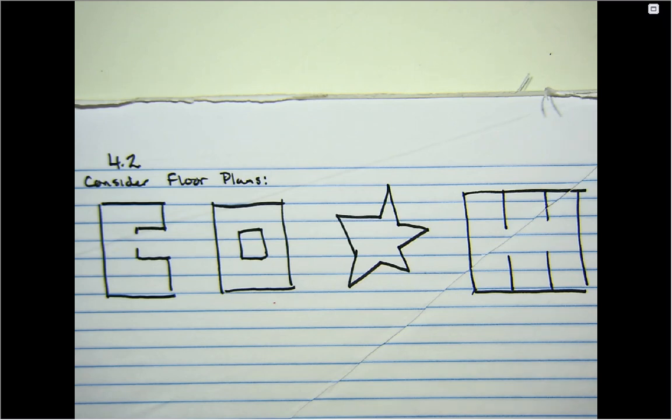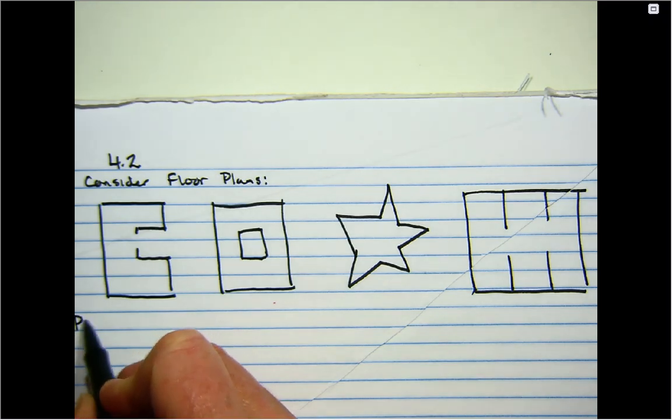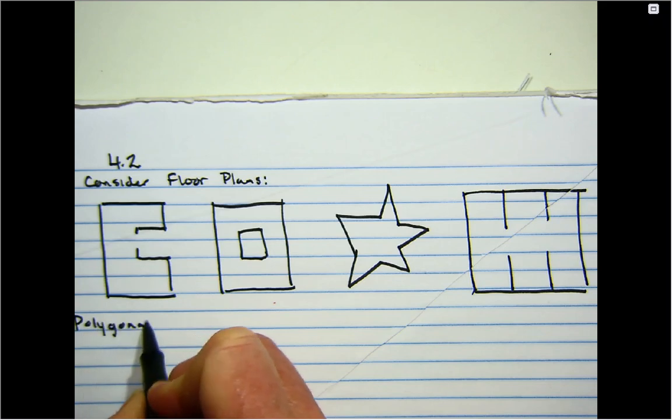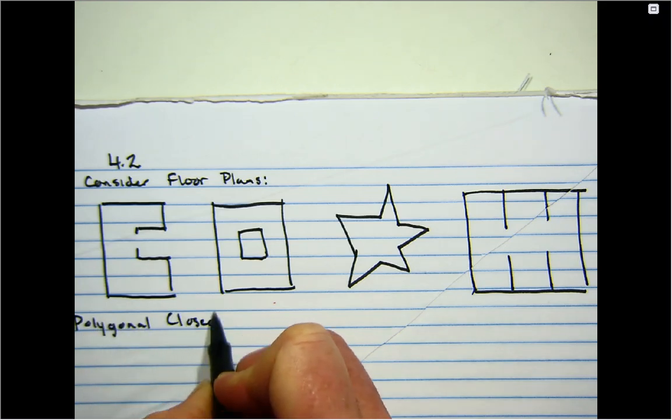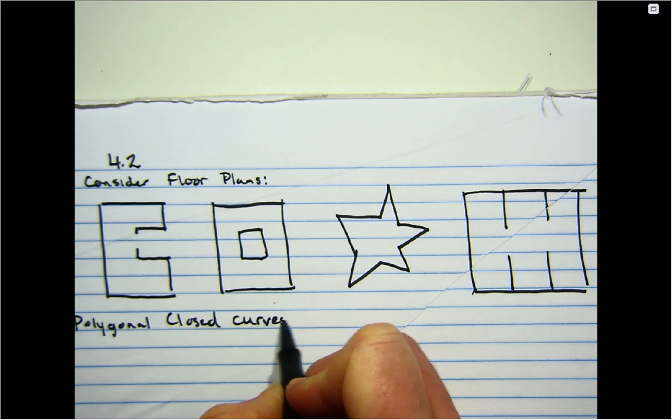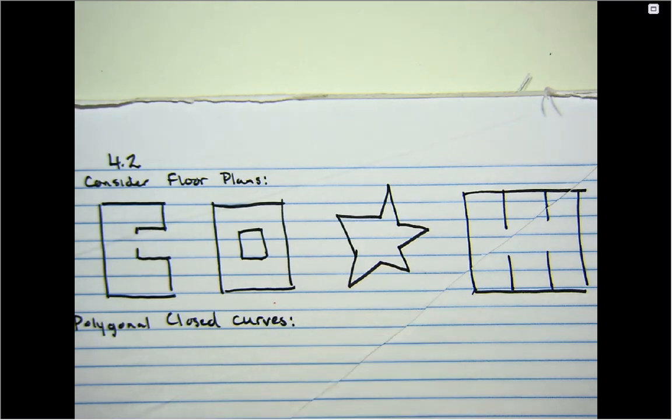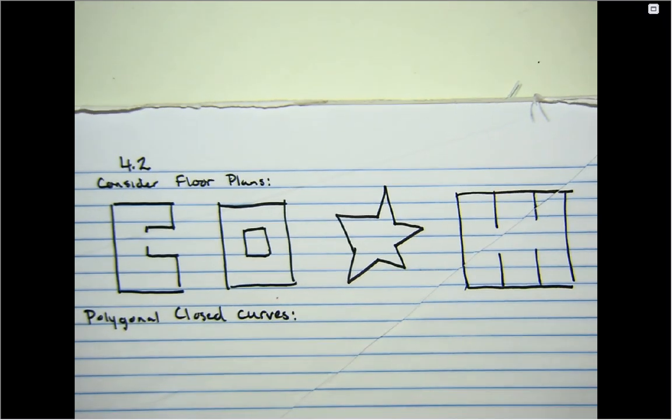Well, it turns out that the art galleries that we're going to be looking at are all what are called polygonal closed curves. So the only one that's a polygonal closed curve here is the one that looks kind of like a starburst.